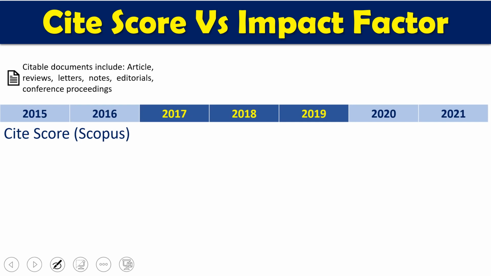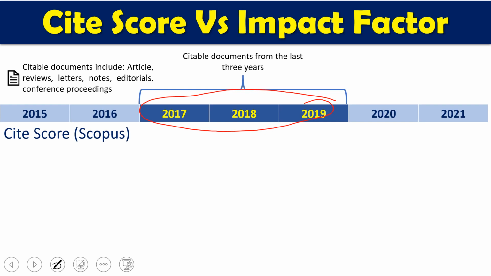If I want to calculate the cite score for this particular journal in 2020, I take all the papers published in 2017, 18, and 19, and count how many citations they have received in this year, 2020. Because I want to calculate for 2020, I count here.